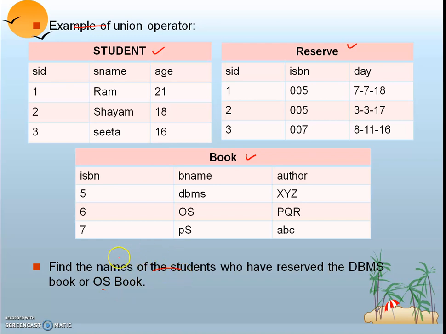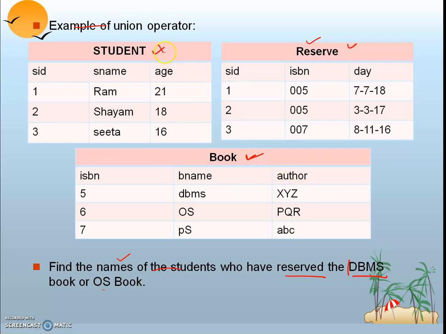Here I need the names of the students, which I have in the student table. Then I have to get the reserve data from the reserve table. And then I need to check the name of the subject, which is provided in table number 3, that is the book table. Now I have to check, is there any link existing between all these three tables or not?